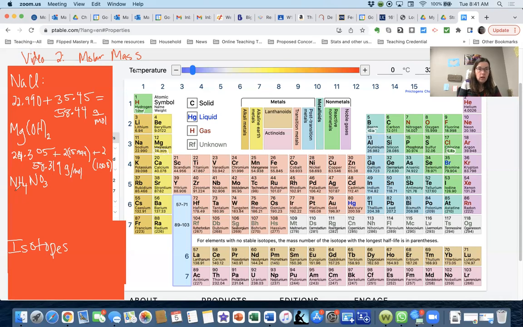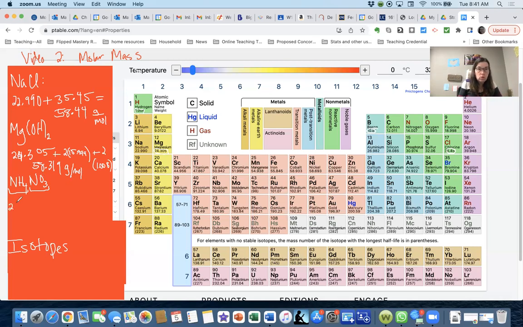Okay, again here, this is ammonium nitrate. So it's an ionic bond between 2 polyatomic ions, ammonium and nitrate. Notice that each of them has a nitrogen. Even though they're part of different polyatomic ions, you could combine those together.